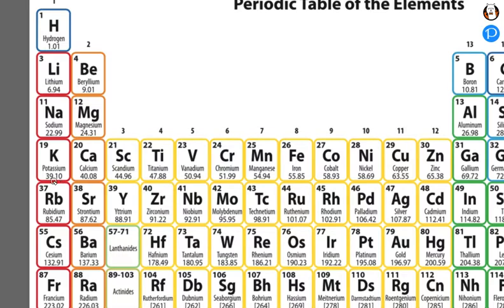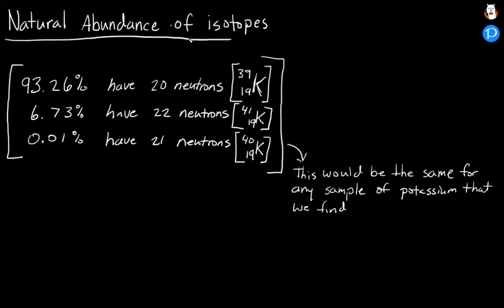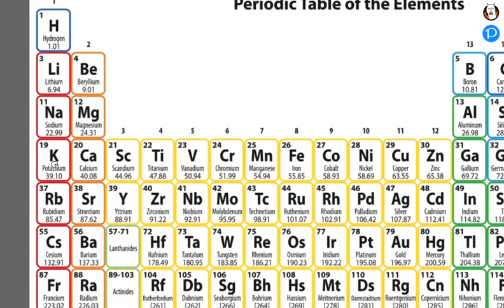The reason is that all of these elements have different isotopes. And so what you have to do is take the average of these masses to list on the periodic table. Because not all potassium atoms have a mass of exactly 39. Some of them have a mass of 40 and some of them have a mass of 41. But now here's the thing.